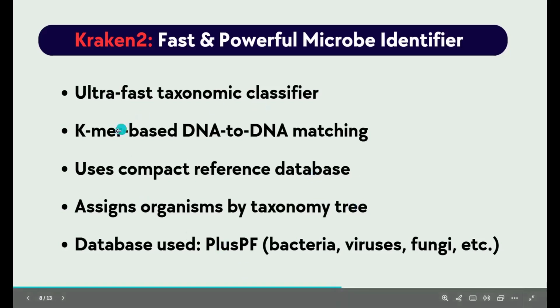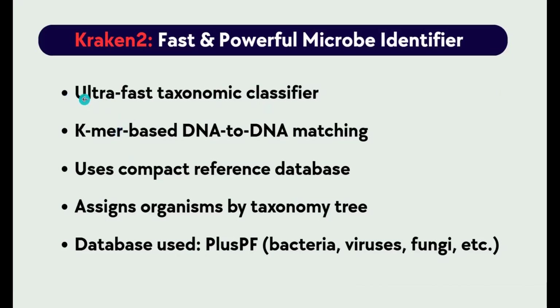We have some key features here regarding Kraken2. The first point mentions that Kraken2 is an ultra-fast taxonomic classifier. And what does this mean? It means that Kraken2 is designed to quickly identify what organisms are present in our metagenomic sample. It can classify millions of DNA sequences in just minutes, making it one of the fastest tools available for this task.